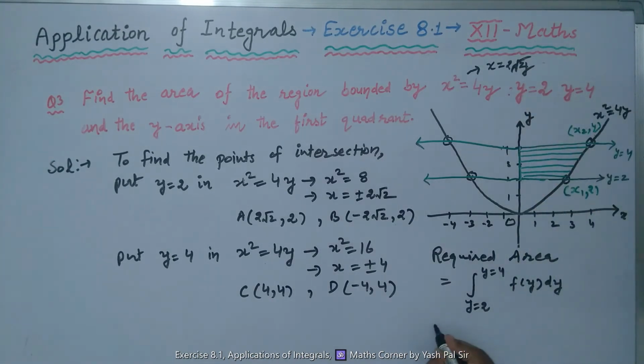So this way y is 2 to 4, equation of the curve f of y is 2 square root of y dy, right?